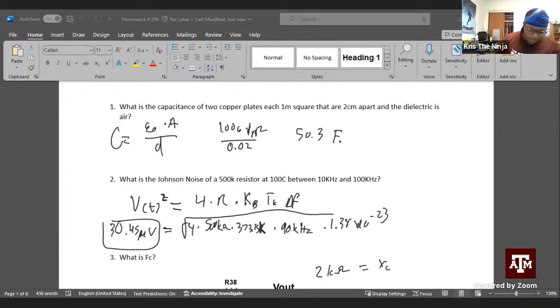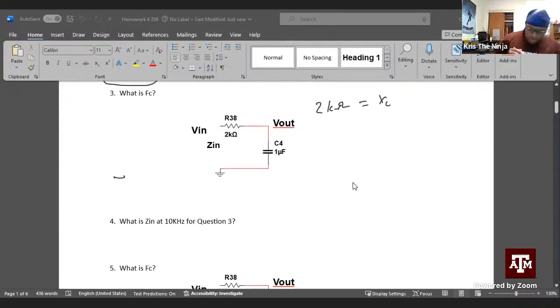We need 2K equals 1 over 2 pi F times C. You rearrange that and you end up having F equals 1 over 2 pi times 2K times 1 microfarad. Now that's how we get our cutoff frequency.